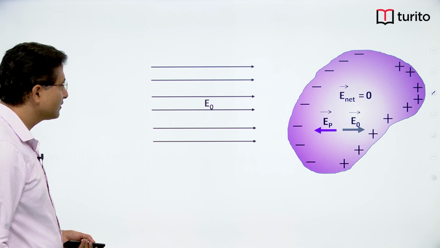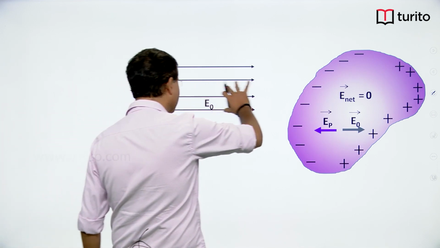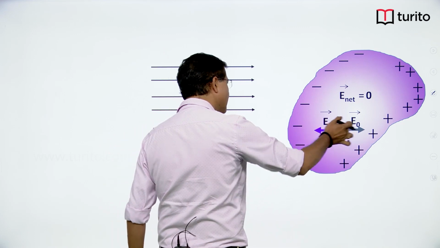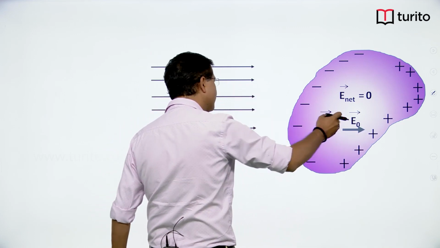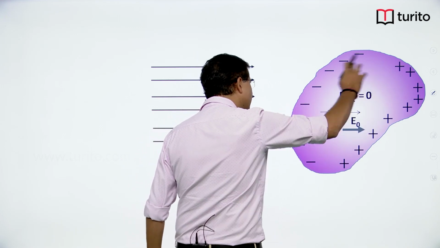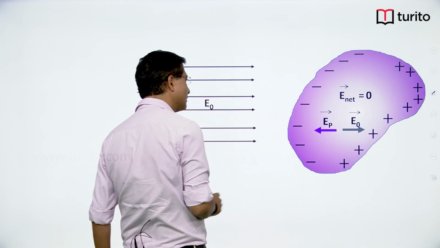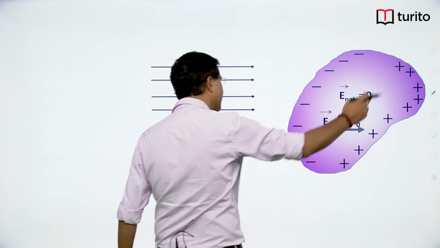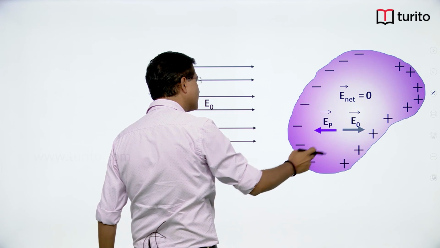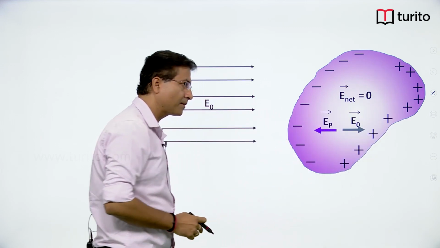So, what we have seen is that this field will have an effect in this direction, and as it does, all these electrons start drifting in the backward direction. They try to get accumulated here, and here there will be an excess of charge, and on this side there will be a deficiency of charge.